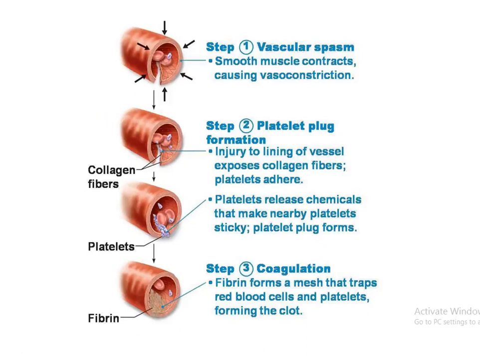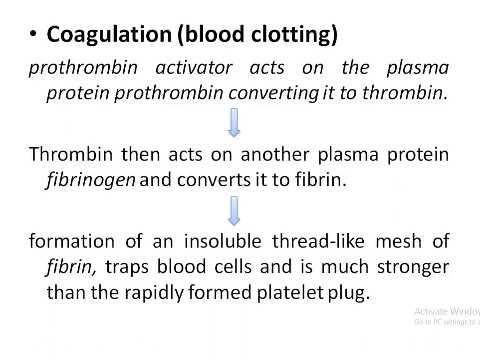It is a complex process involving many enzymatic reactions in which one step activates another step, one clotting factor activates another molecule, and at last a large quantity of an insoluble protein, fibrin, is formed. It involves many steps, but in this video I am covering only a few steps.